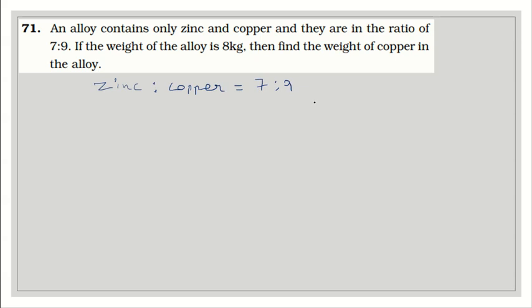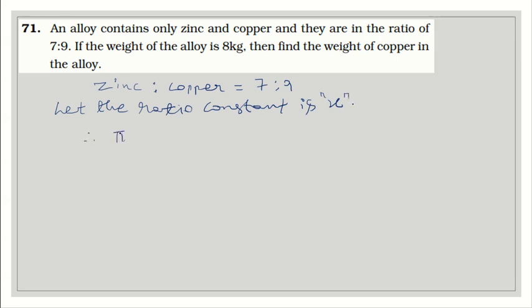We need to understand that the total weight of the alloy is 8 kg. By assuming a ratio constant, let the ratio constant be the variable I am assuming as x.